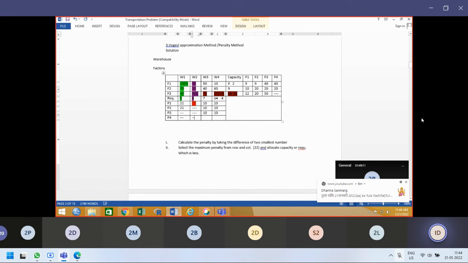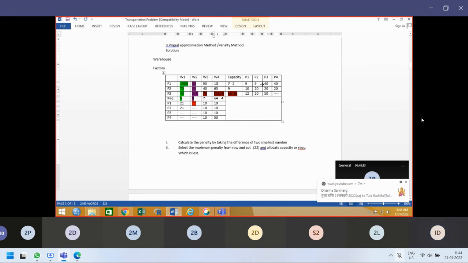This is 10, this is 50, this is 50. 50 is the highest one. If you select the 50 cost element from this, which is smallest? This one.